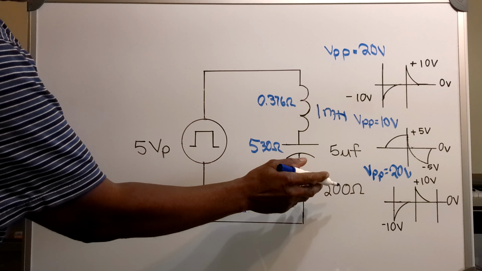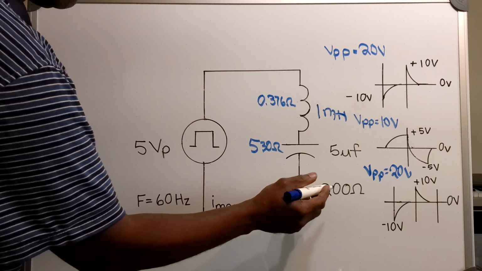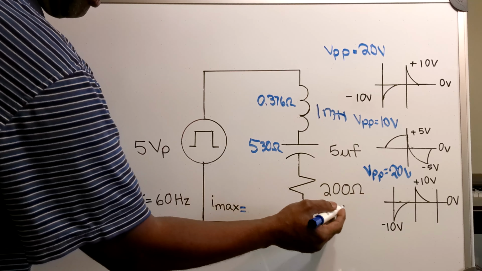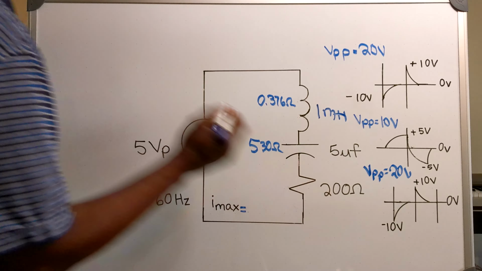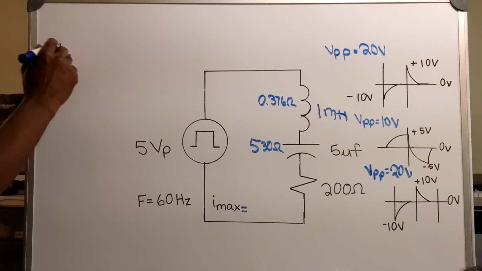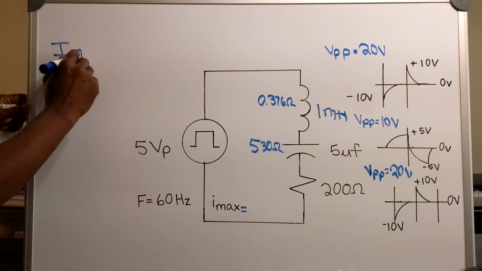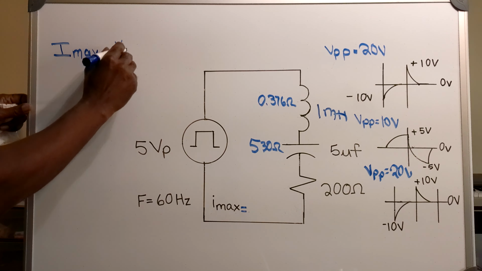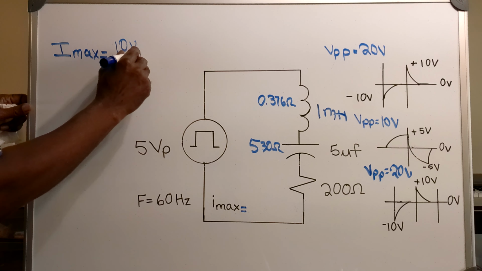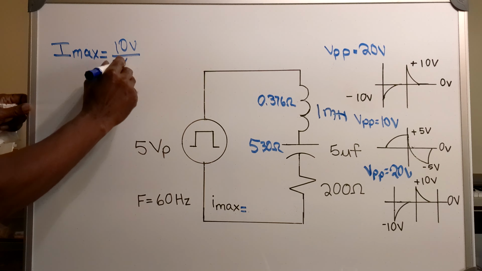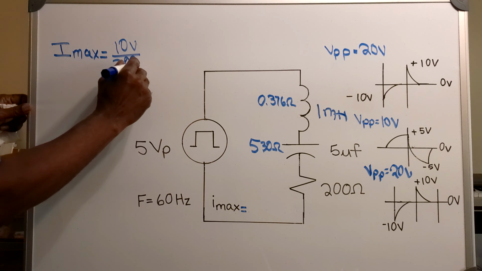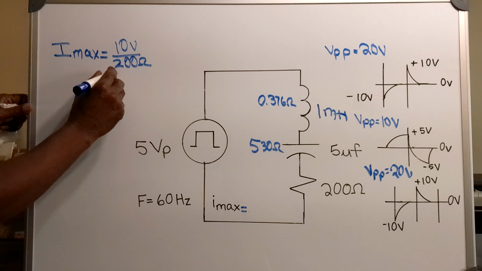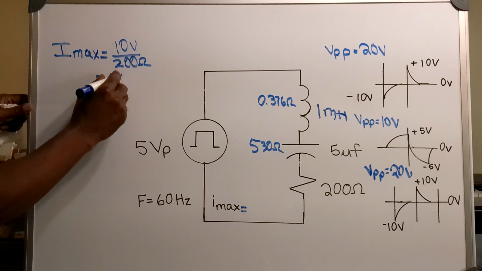Now my Imax is my 10 volts over my 200 ohm resistor. My Imax equals 10 volts over 200 ohms, and that looks like it will give me 50 milliamps.